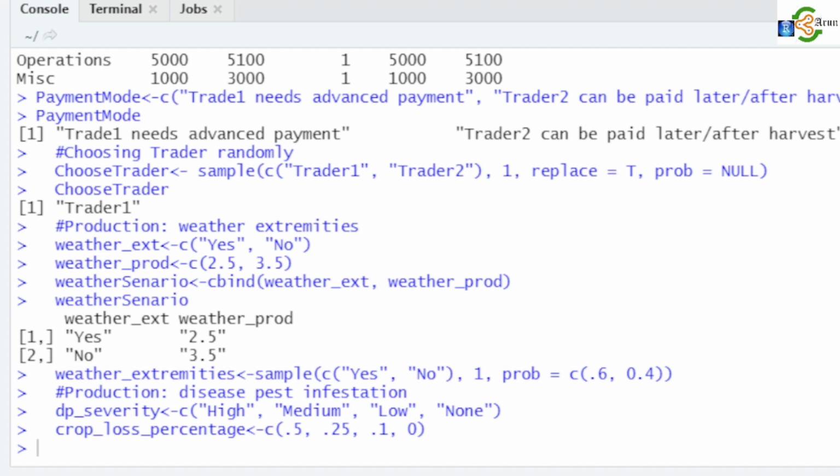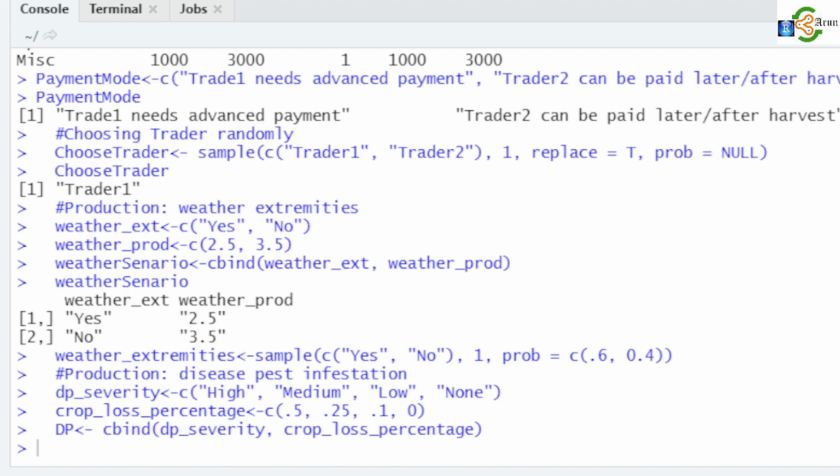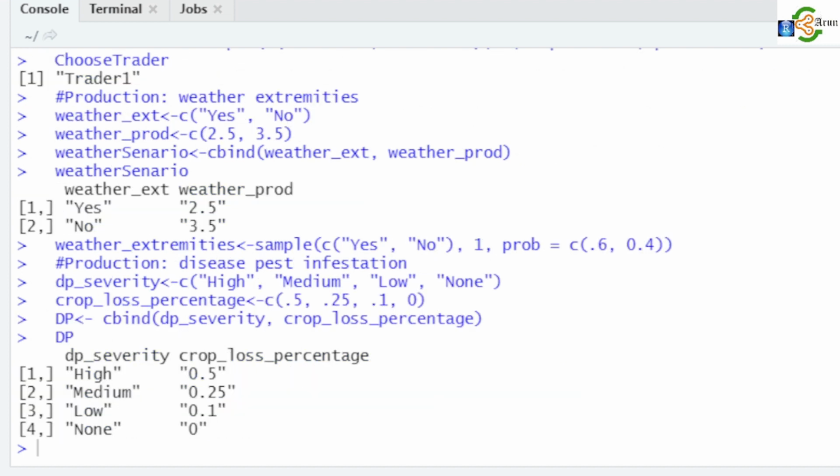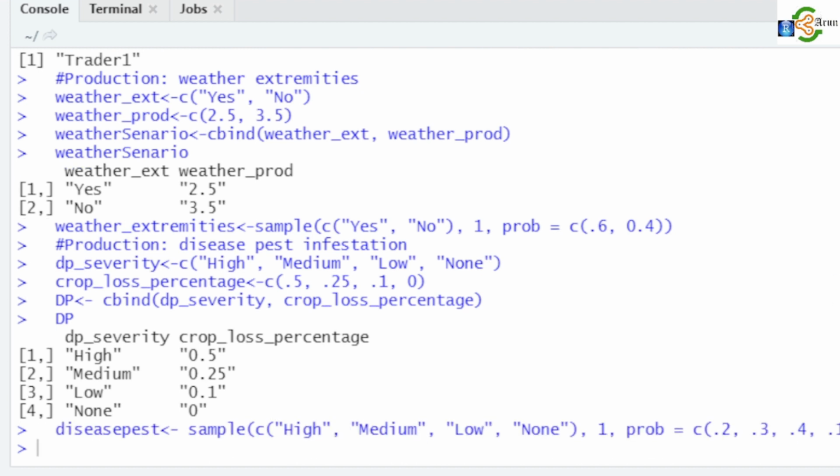If it's low, then 10%. And if it's none, you are lucky enough, there is no loss at all. I have developed this in the table. It is a random phenomenon, so I will sample it randomly among the high, medium, low, and none cases. I have already simulated it and taken a sample.